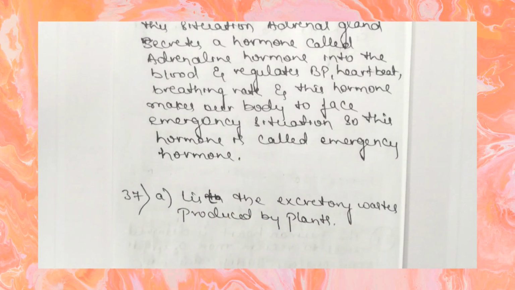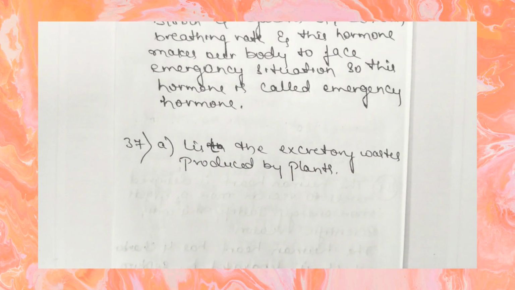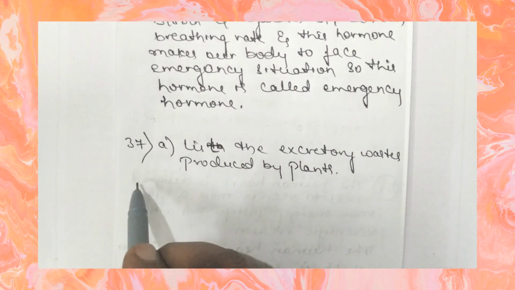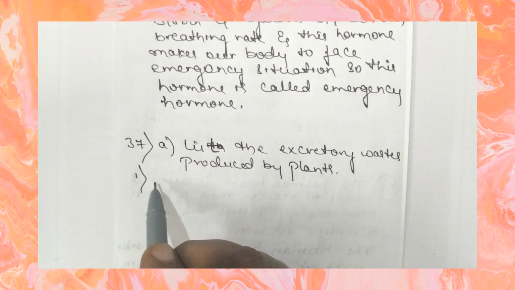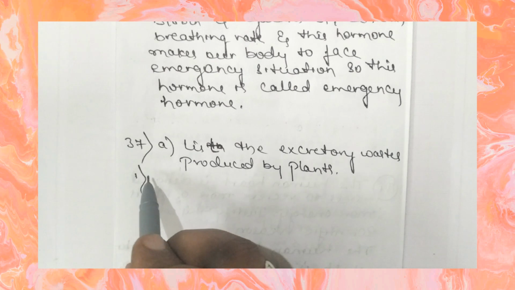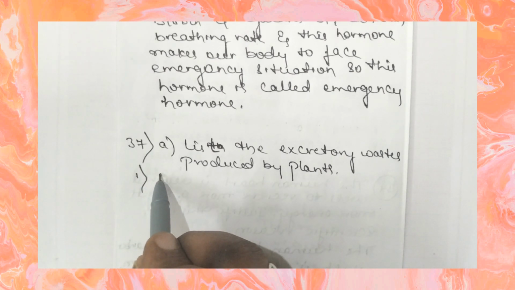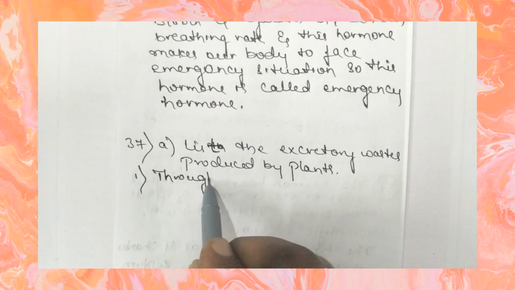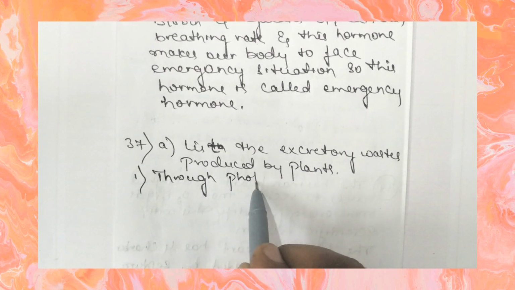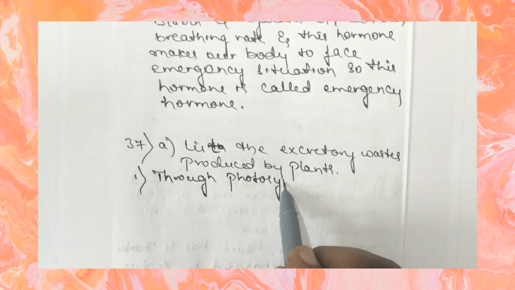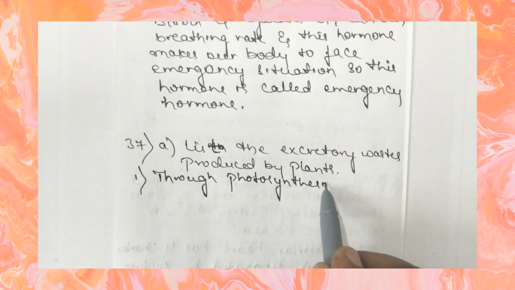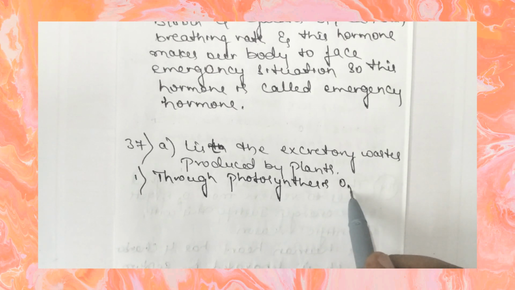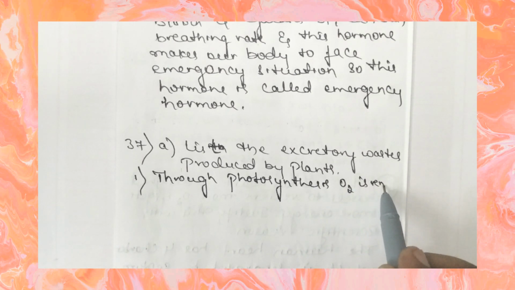Now let us move to the 37th question. List the excretory waste produced by plants. So how will it remove the excretory waste from the plant body? Through photosynthesis, oxygen is removed.